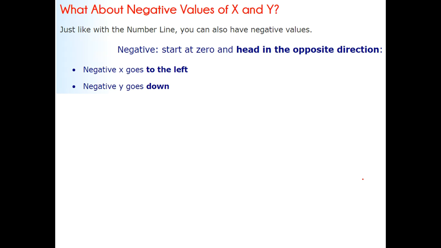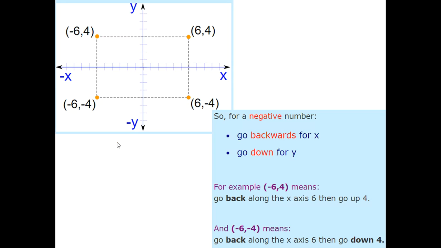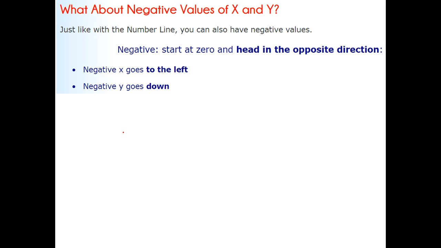What about negative values? So this is a number line. Remember I said the Cartesian plane, that thing we had? I'm going to give you an example. If it's a negative, it usually will look like this, the ordered plane, the coordinate plane, as it's called.